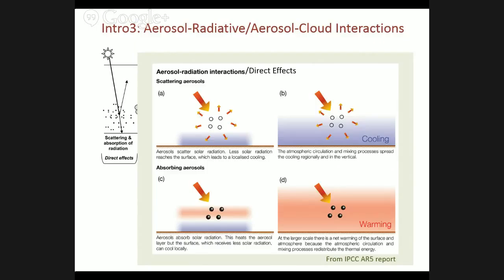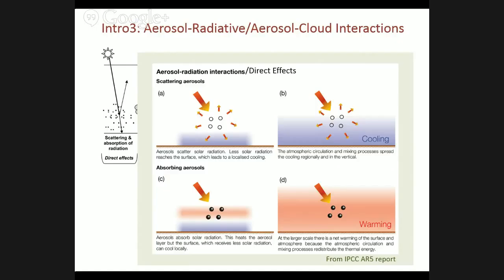And by the same principle, since a lot of the incoming radiation is getting absorbed in this layer, not much solar radiation reaches the layer below, so that will cool down. And at the larger scale there is net warming of the surface and atmosphere, because the atmospheric circulation and mixing processes distribute this thermal energy.